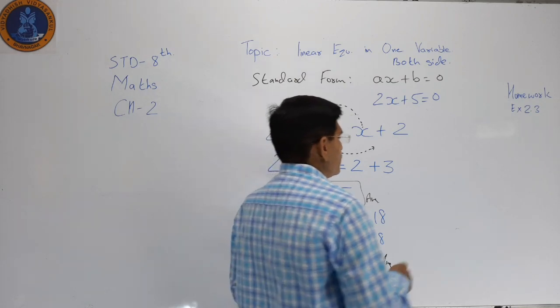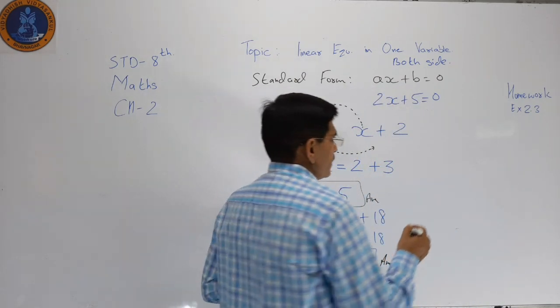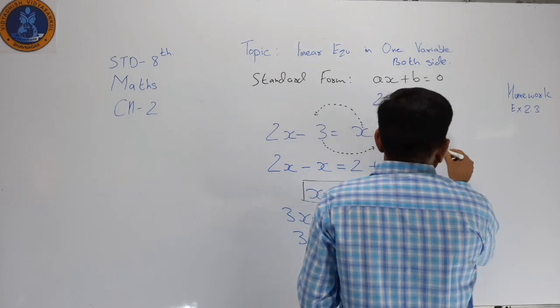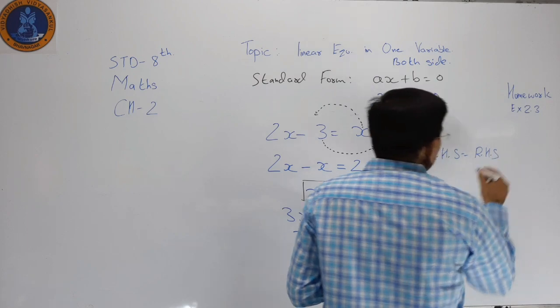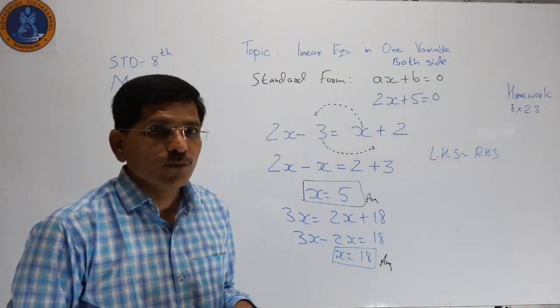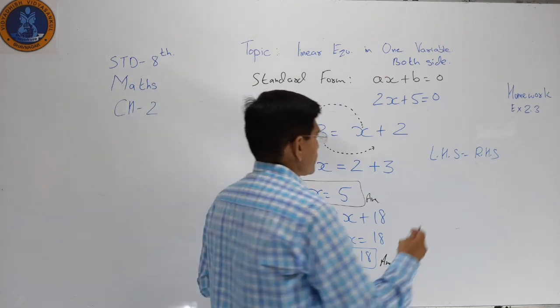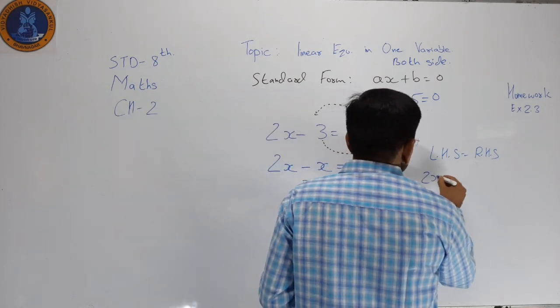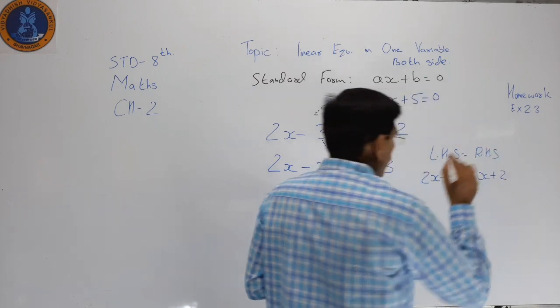What do I have to put? I put the value x equal to 5 here. The equation has 2x minus 3 on the left hand side and x plus 2 on the right hand side.